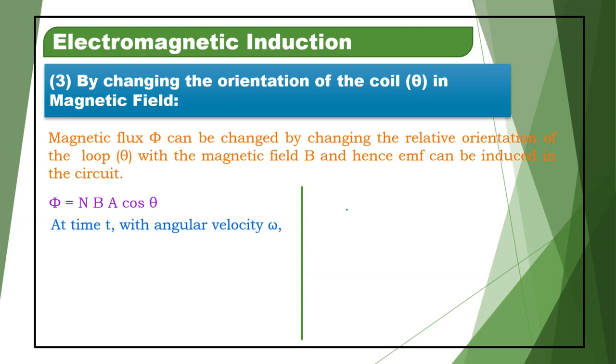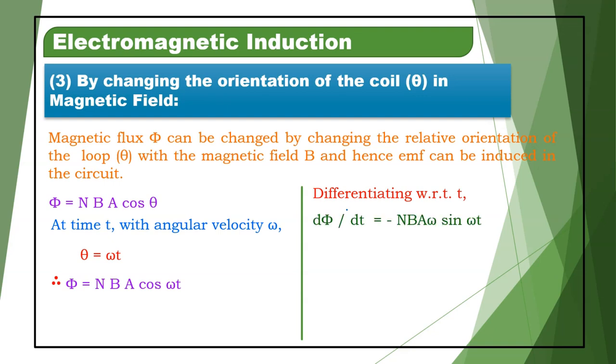At time t, with angular velocity ω, θ is equal to ωt and φ is equal to NBA cos ωt. Differentiating with respect to time, dφ by dt is equal to minus NBAω sin ωt. E is equal to minus dφ by dt, so E is equal to NBAω sin ωt.